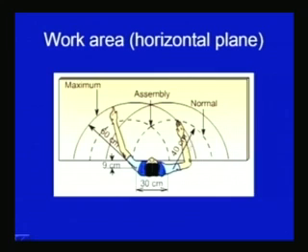The normal working area is in the radius of 40 centimeters and the maximum working area in the radius of 60 centimeters, and 30 centimeters is considered the average width between the two hands.